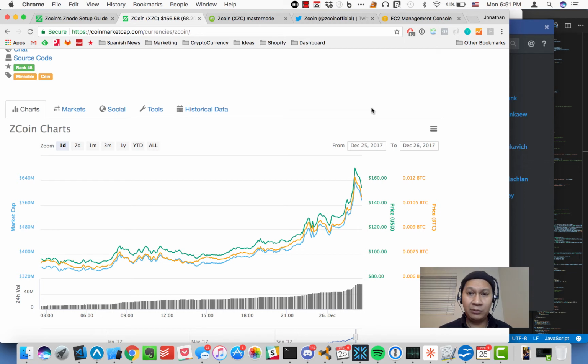So if your machine happens to go down for whatever reason, then your position gets restarted. And we're not 100% sure what exactly happens. If you're going to just max out on the number of coins, which is currently 15 Zcoins, or does it accumulate based on your uptime? So that's still a big question mark among a lot of these Z node operators.